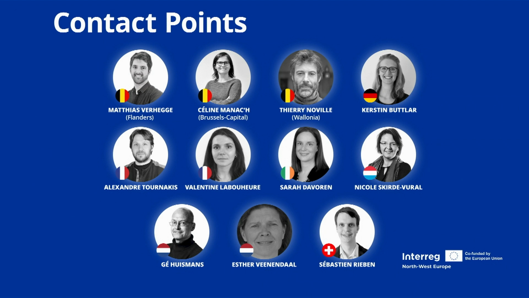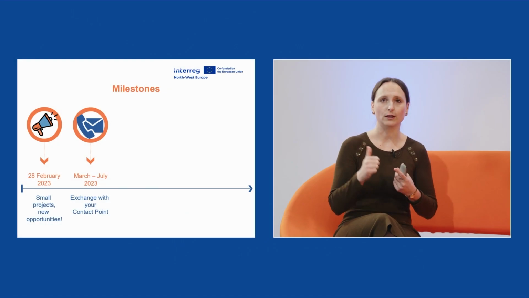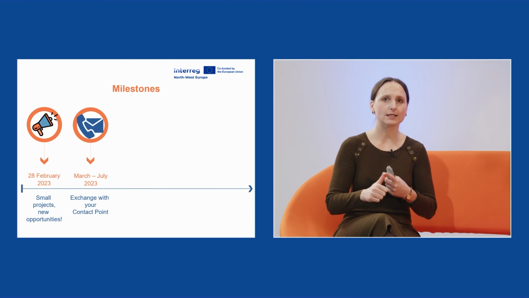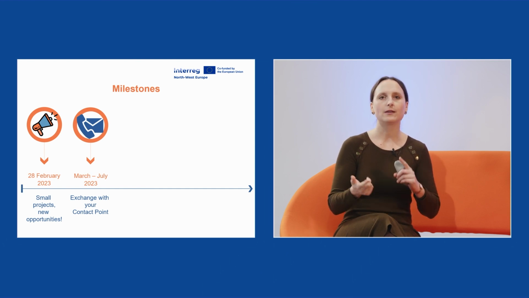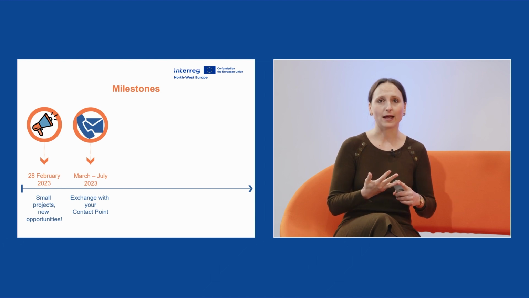And this is very relevant, especially for this one-step procedure, because it means in a one-step procedure, you have to address a lot of different aspects in one go. So you've got to get right the territorial relevance, the transnational challenge, the partnership concept, and the results and the impact.